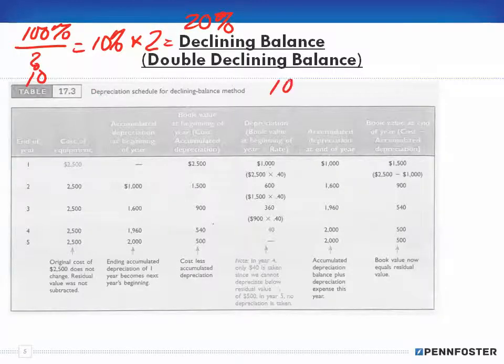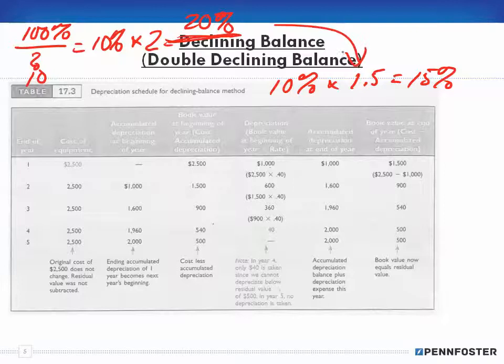If I had that same 10% and I decided to use a factor of 1.5, that means I would use 15% each and every year. The most depreciation expense I'd be able to get in that first year would be 20%.